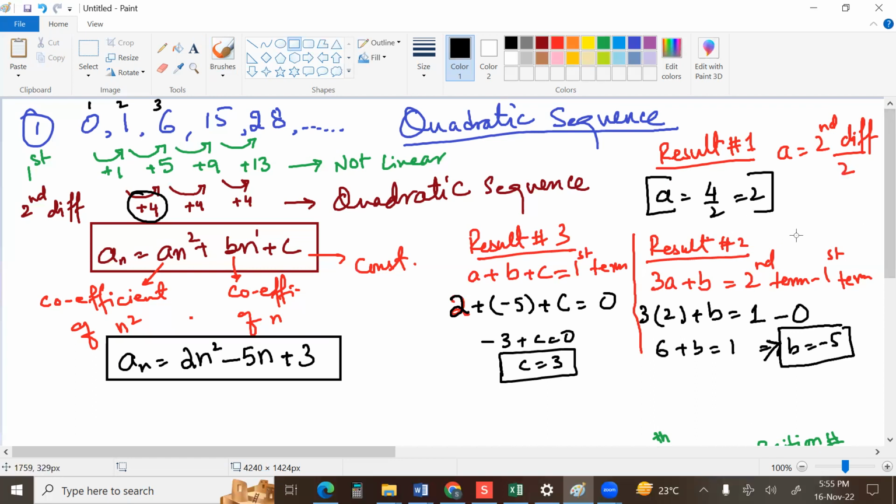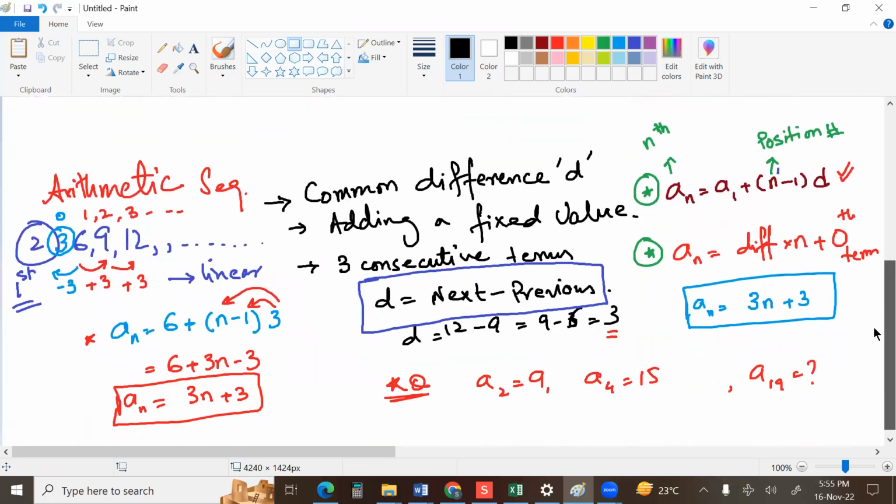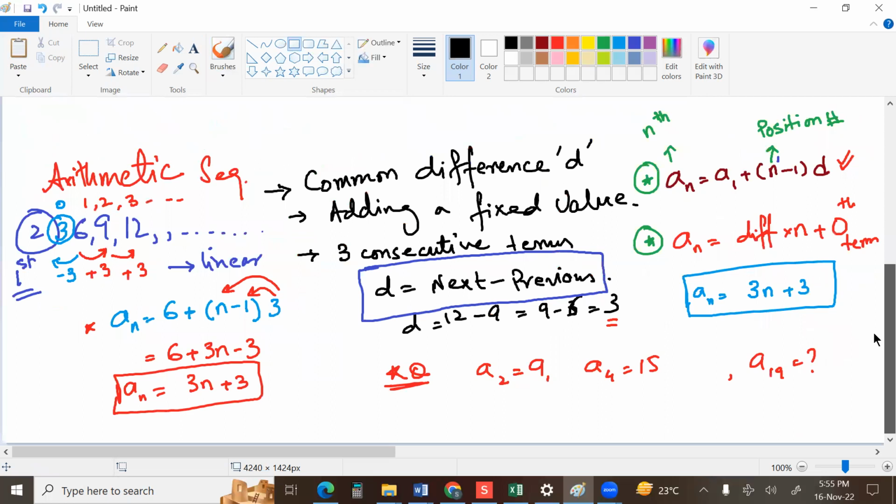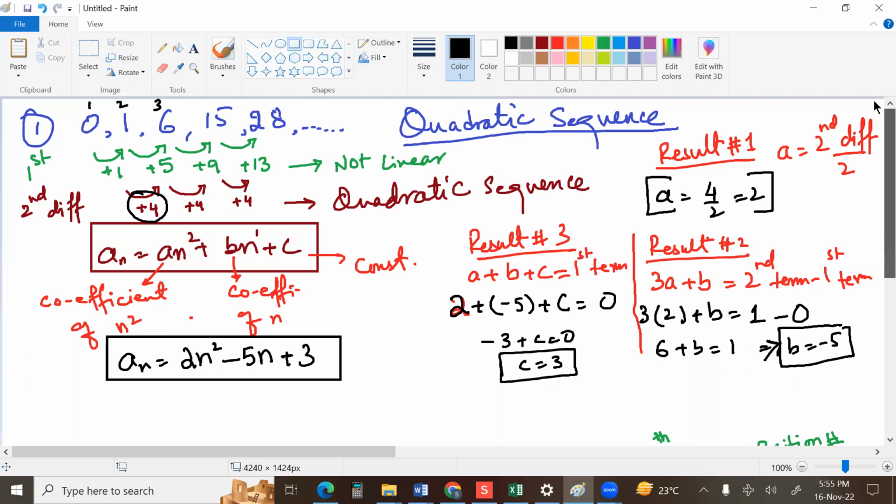The other command terms and the other skills that are associated with that, we will share in a short while. We've got arithmetic sequence. Arithmetic sequence is obtained by having the first difference common, and it will be a linear, that is highest power 1 sequence. If the first difference is not constant, we will check for the second difference. If that is a constant, then we know it's a quadratic sequence, and the general form will be an squared plus bn plus c.